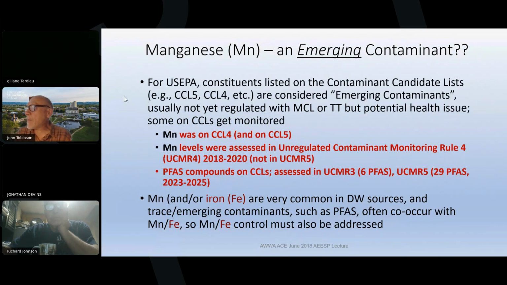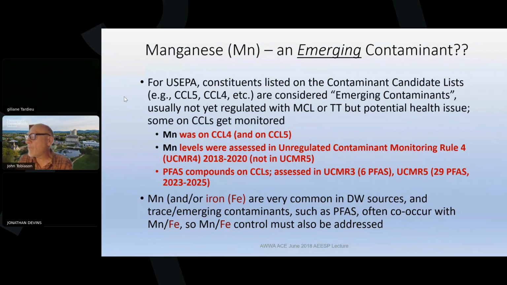For example, manganese was on the contaminant candidate list 4, not on 5, and the levels were assessed in what is called the Unregulated Contaminant Monitoring Rule, or UCMR 4, which occurred in 2018 to 2020. Another example would be PFAS, which has been on CCLs and was assessed in the UCMR 3 and is just completing being assessed again, a bunch of compounds in UCMR 5 going on now.